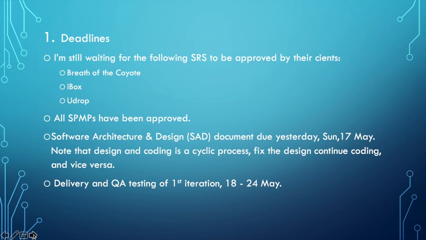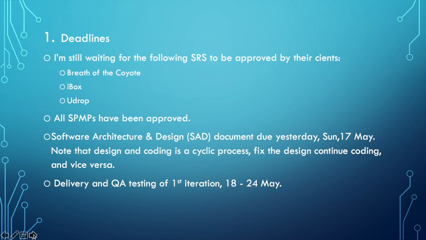You go and fix your design and continue coding, or you fix the coding and continue design. So the design will be a cyclic process because you will be constantly fixing your design and continuing coding.